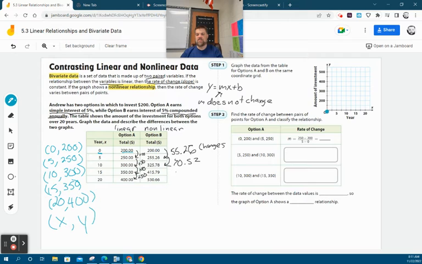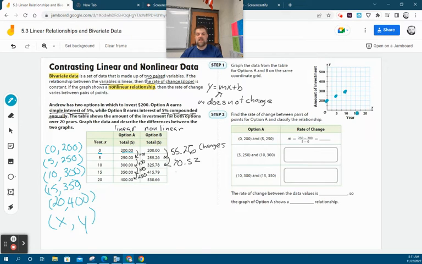So in other words, I'm going to start at the origin, go over 5, and go up 200. Oh, wait, no. Back up. The first one is 0, 200. So I'm going to go over 0 and go up 200. Then 5, comma 250, which should be about here. And then 10, comma 300, which should be about here.